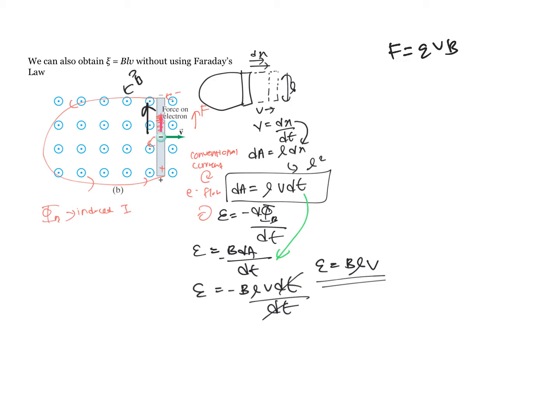Since v is perpendicular to B, the electron is going to feel a force. Like I mentioned before, the electron flow is counterclockwise, and the conventional current is clockwise.